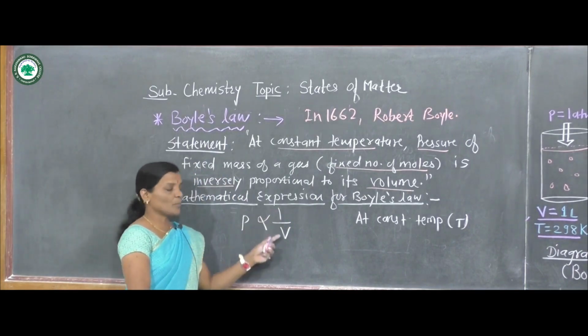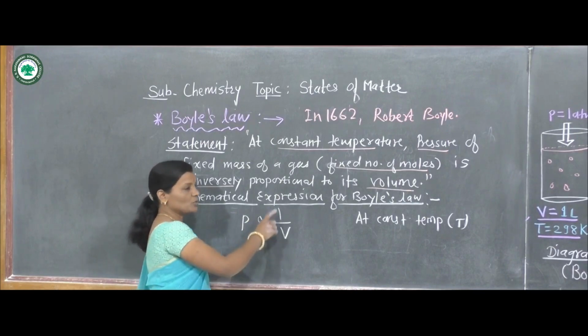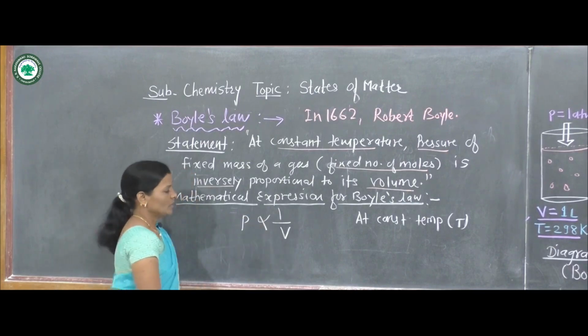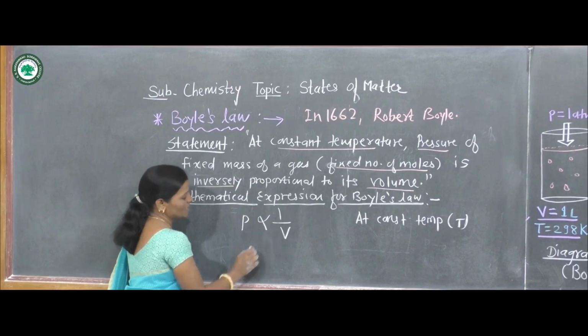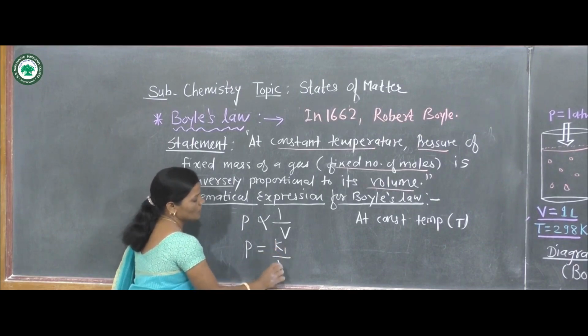P is inversely proportional to volume, that is P proportional to 1 upon V. Now we can remove this proportionality sign by considering a constant. P is equal to K1 upon V.